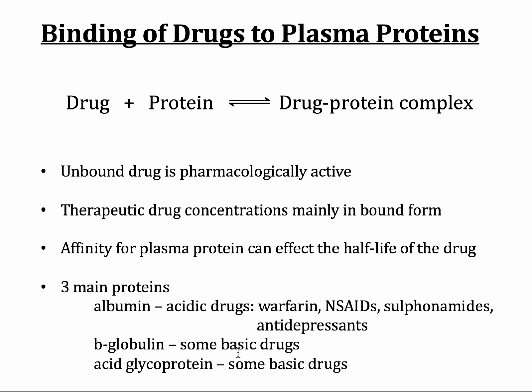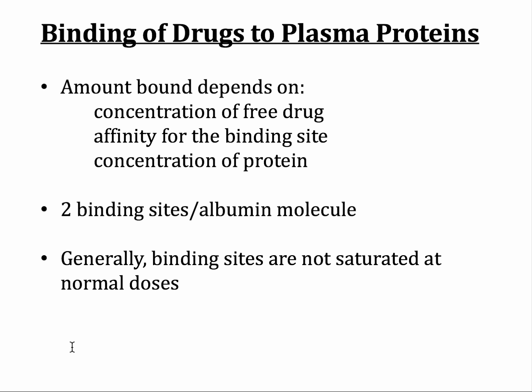Beta globulin usually binds to some basic drugs, and acid glycoprotein. So these are the three main proteins that you should be aware of: albumin, beta globulin, and acid glycoprotein. The amount bound usually depends on the concentration of free drug and the affinity of the binding site. So we've gone through this.